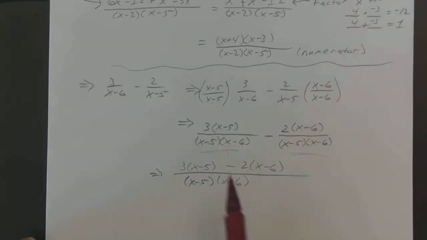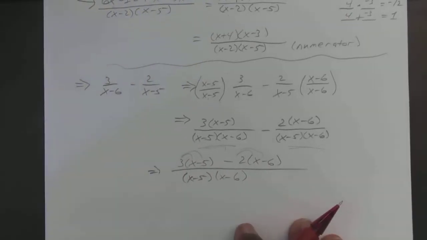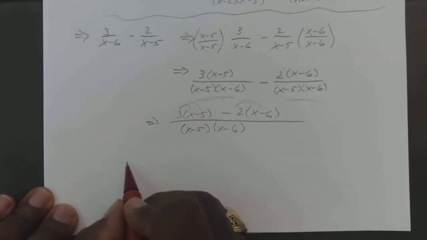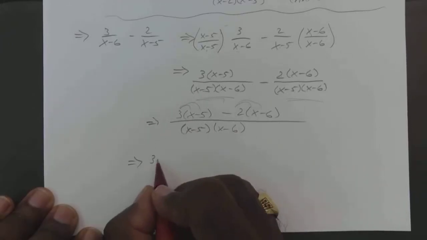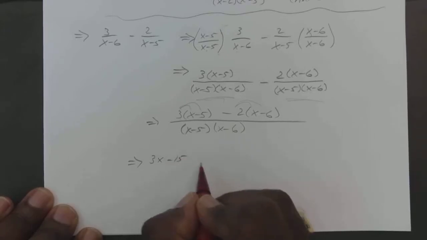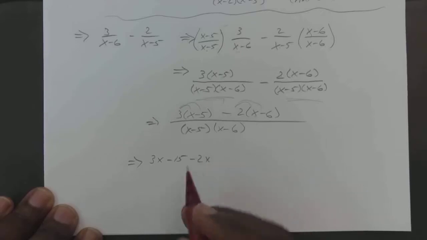From here, we just go ahead and distribute those. That would give us 3 times x is 3x. 3 times negative 5 is negative 15. Negative 2 times x is negative 2x.